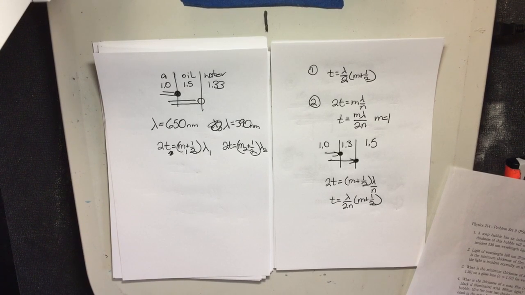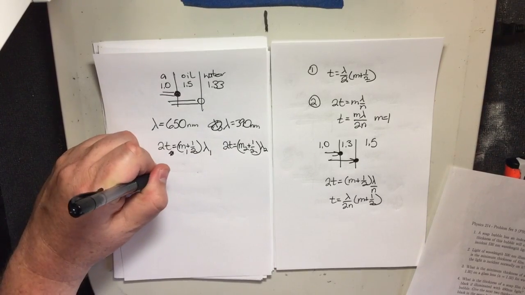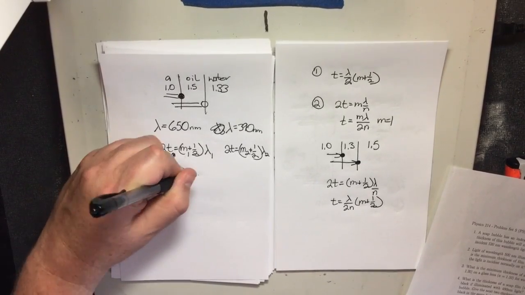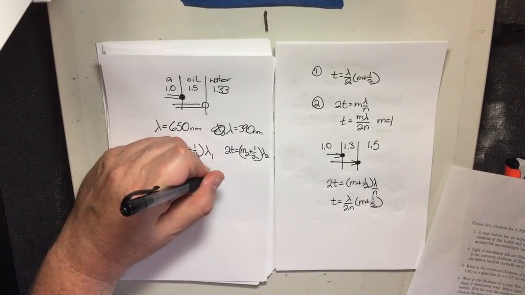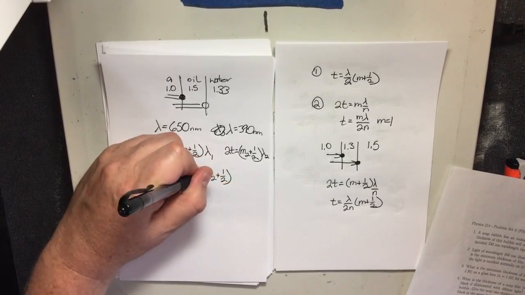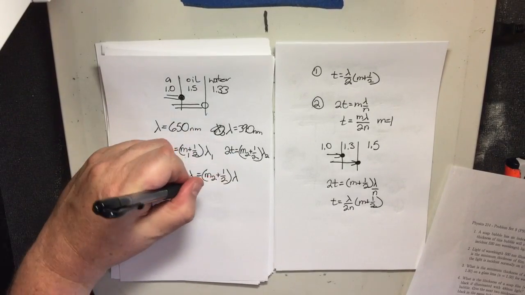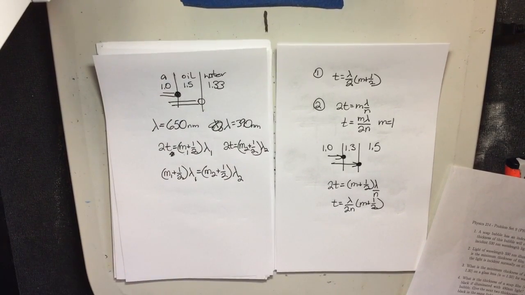No. Thank you for playing, but no. You set them equal to each other, because the thicknesses are identical. Because we're looking for the thickness where both of them are constructive.